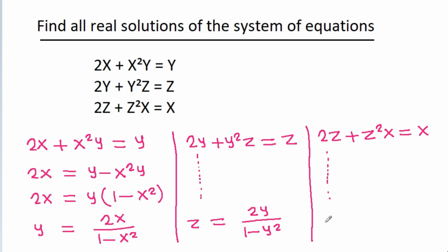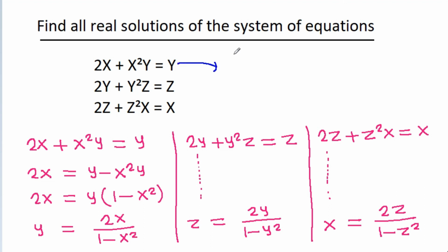So x will be equal to 2z by 1 minus z square, and x square cannot be equal to 1.